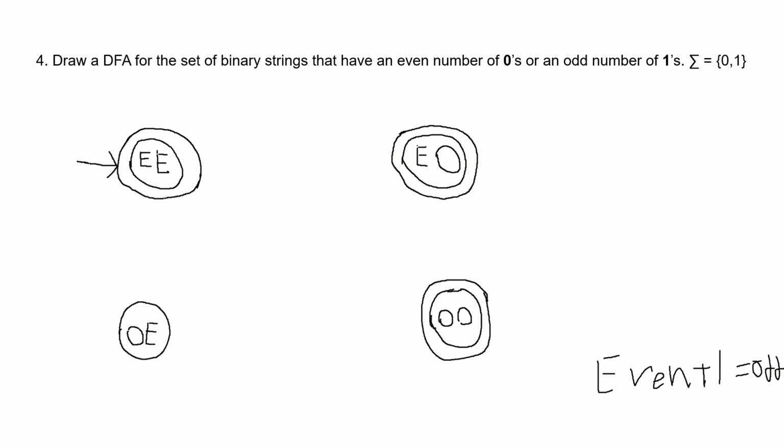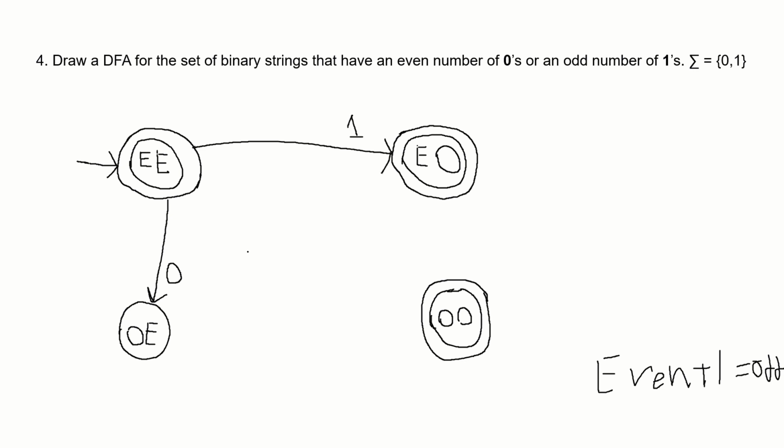But as we got 0, the number of 1 is unchanged, which is even. So we will go to odd 0, even 1. And from this state, if we get 1, then the number of 0 will be unchanged, but the number of 1 will become odd, because at first it was even and then we got a new 1.